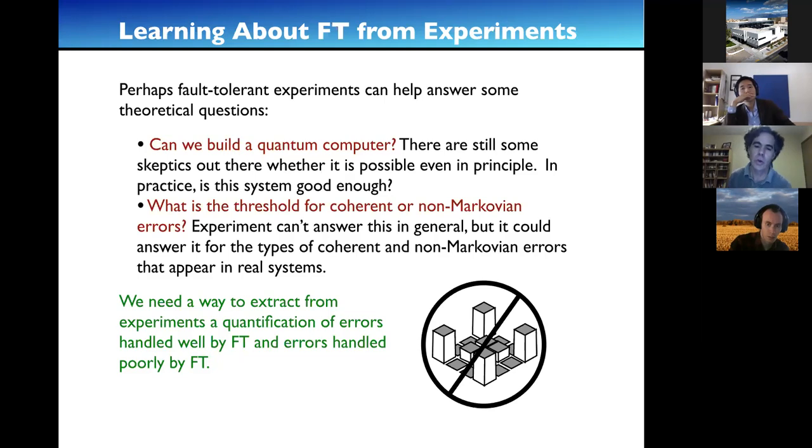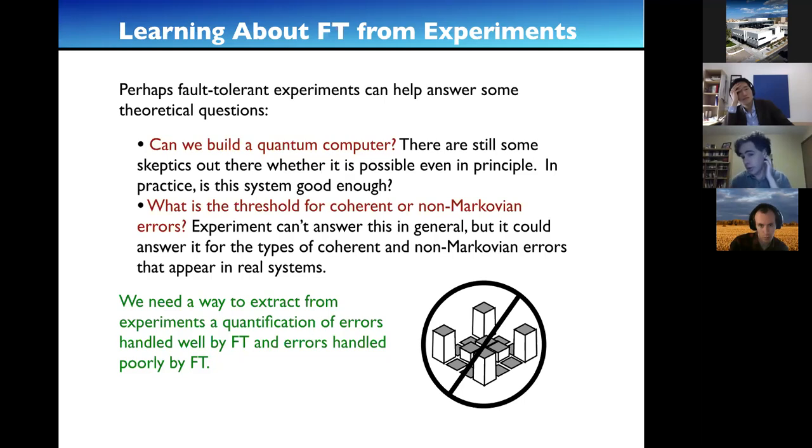And of course, once you have more and more qubits, you can hope to learn other kinds of new things. But a fault tolerance experiment actually lets you learn something very important, which is how the real experimental errors interact with your fault-tolerant protocol. And that's something that can't be answered purely by theory, because theory doesn't know about the real experimental errors, except what the experimentalists tell us. And so that means that if there are subtle errors that the experimentalists don't know about, the theorists can never answer that question by themselves at all.